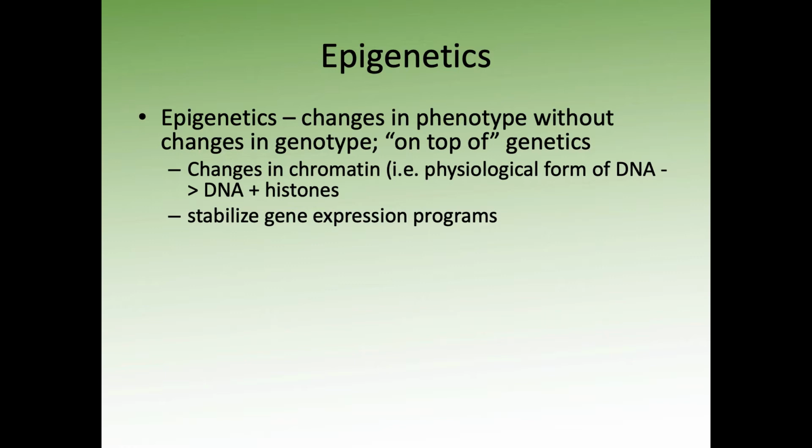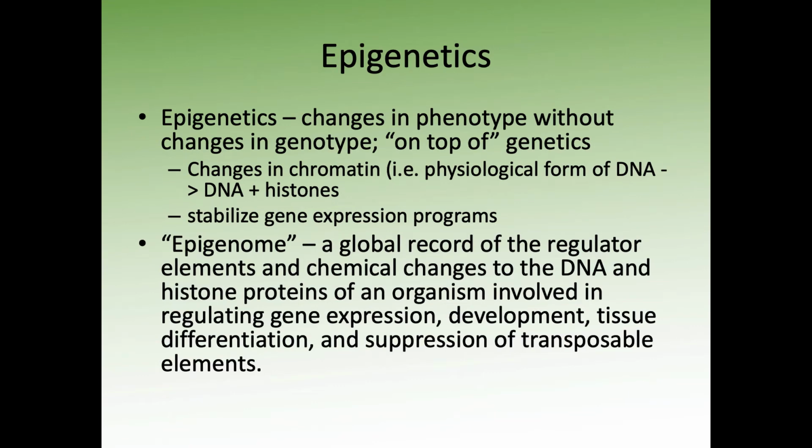And what does this actually mean in terms of biological entities? Well, we talk about things like changes in chromatin, i.e. the shape or the availability of different parts of the genome, as well as other factors that can stabilize or destabilize gene expression programs.